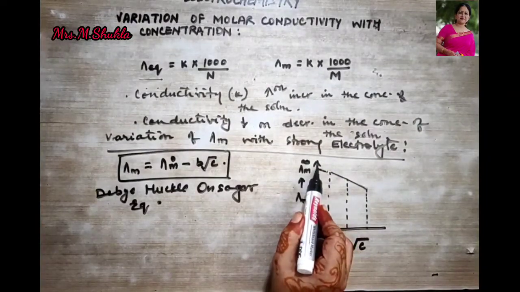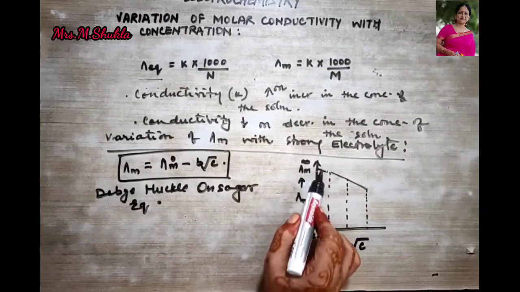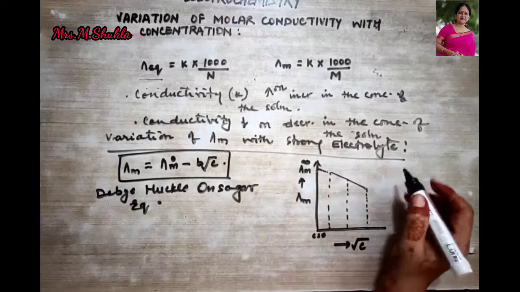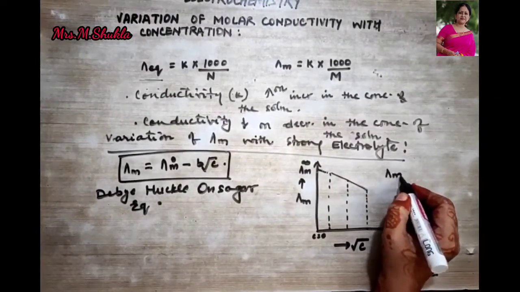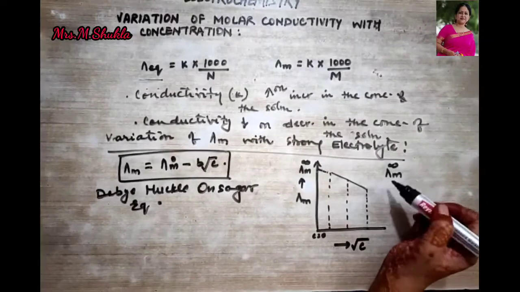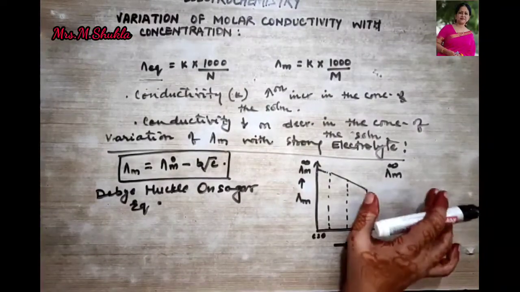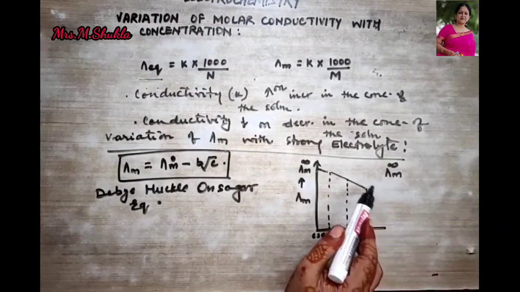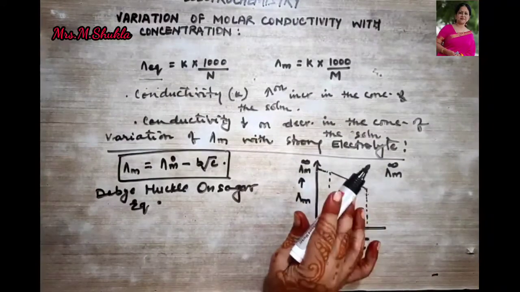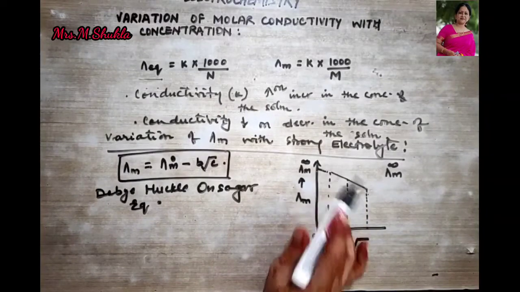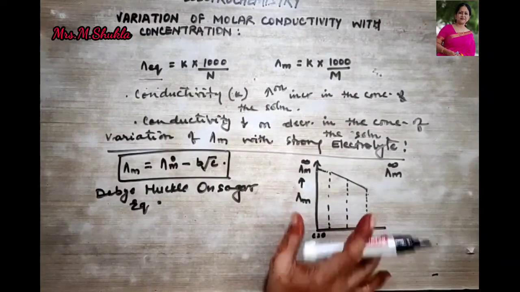This maximum molar conductivity is expressed like this: maximum molar conductivity or infinite molar conductivity, whatever you can call it, right? So as the dilution has increased, or we can say that the concentration has decreased, the molar conductivity will increase.